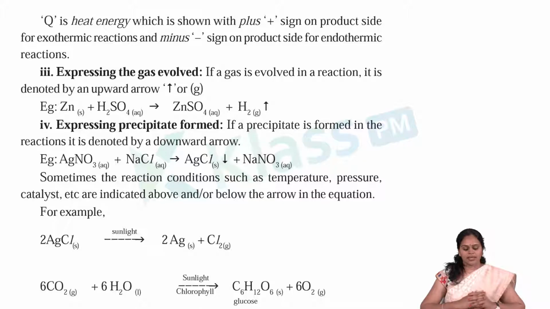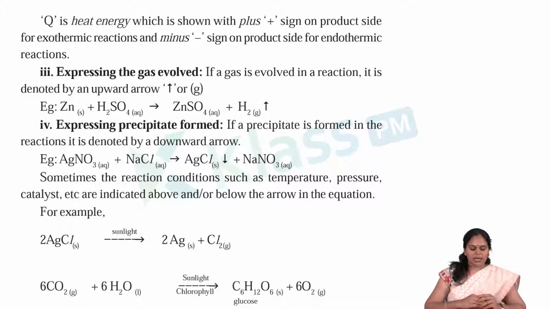Now let us see expressing the gas evolved. When gas is evolved in the reaction, how to represent that? See this example, Zn plus H2SO4 gives ZnSO4 plus H2. We indicate it with the up arrow. If you want to represent that gas is released in the reaction, you need to use the up arrow just beside that gas.